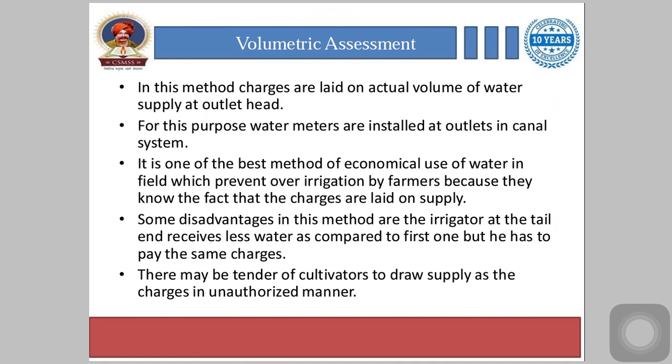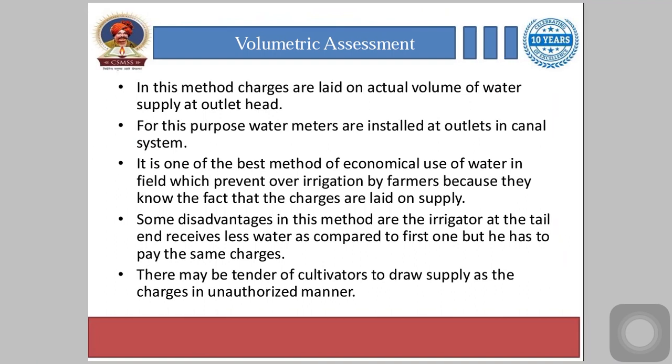First, we will see the volumetric assessment. In this method, the charges are levied on the basis of the actual volume of water supplied. For the purpose of economic use of water, this method is ideal, and wherever there are shortfalls in supplies, they can be distinctly located.